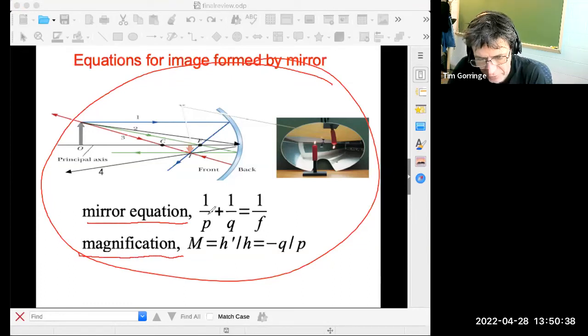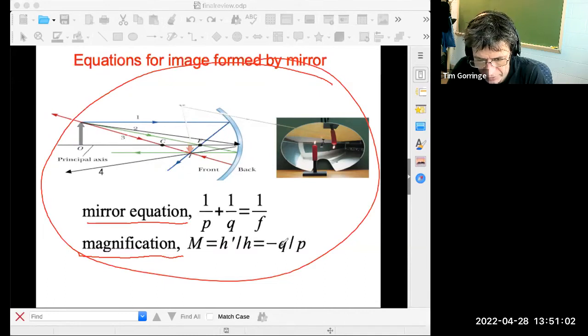The mirror equation relates the location of the image, that's the P here, and the location of the object, that's the Q here, to the focal length of the mirror. And then the magnification equation, the second equation here, relates the magnification, how much bigger or smaller the image is compared to the object, to the positions of the image and the object.